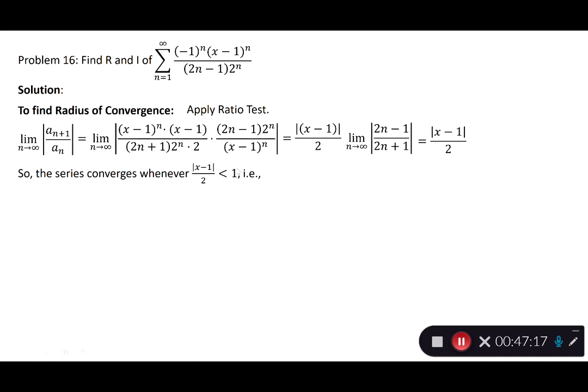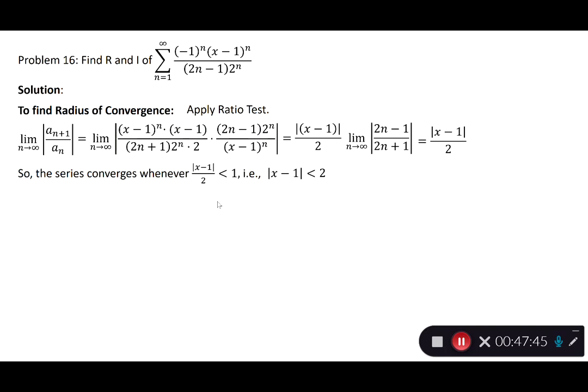If you multiply both sides by 2, does it change the inequality? If I have a less than b, can I multiply both sides by 2 and the inequality is preserved? The answer is yes. You can multiply by a positive quantity and the inequality does not change. So by doing that, we got absolute value of x minus 1 to be less than 2.